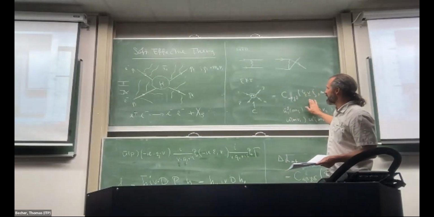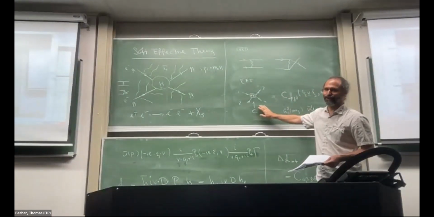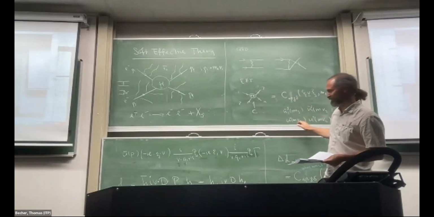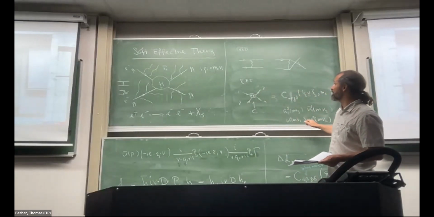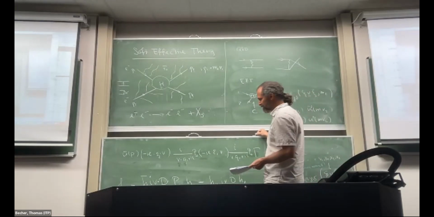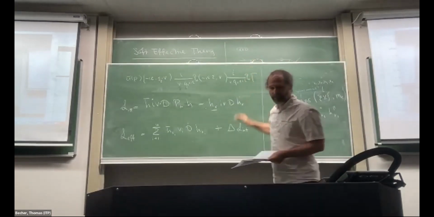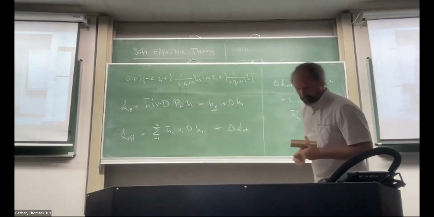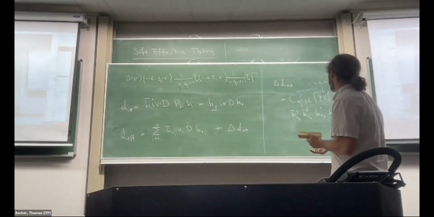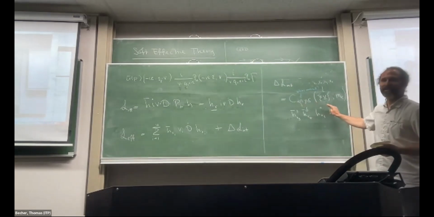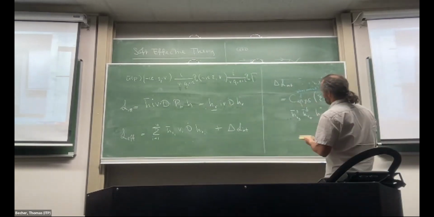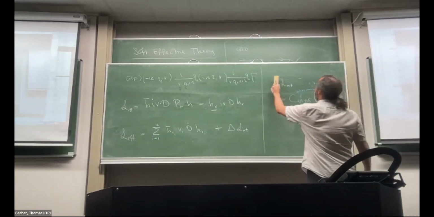So we matched, we know what this is, and we can even do it at the loop level and get this Wilson coefficient. And we have this effective Lagrangian. If you remember this, then I can wipe it away.